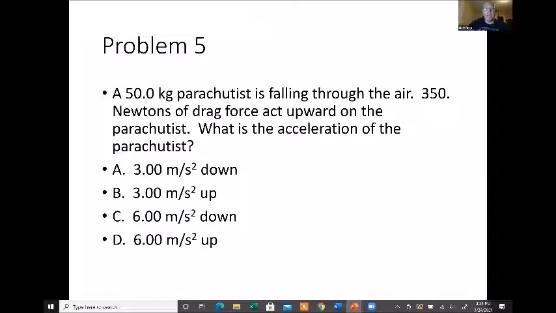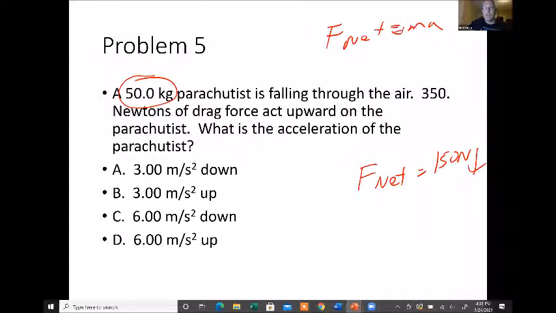So we figured out a second ago that we had a net force of 150 newtons down. That was our net force because of the weight being 500 newtons and the drag being 350 newtons. We know that net force acts on a mass of 50 kilograms. So let's just use Newton's second law.